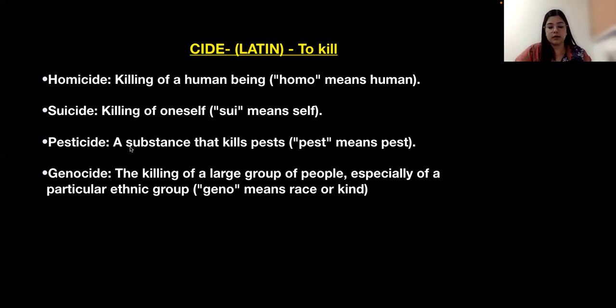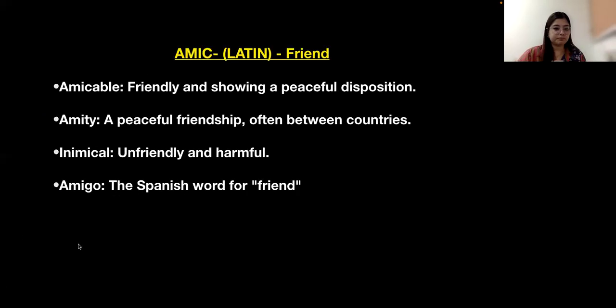So mass killing or killing of a large group of people is known as genocide. Patricide, matricide, fratricide, sororicide, right? So many such words. Side jahan bhi dikhe, jahan pe bhi associated ho, it has something to do with killing.